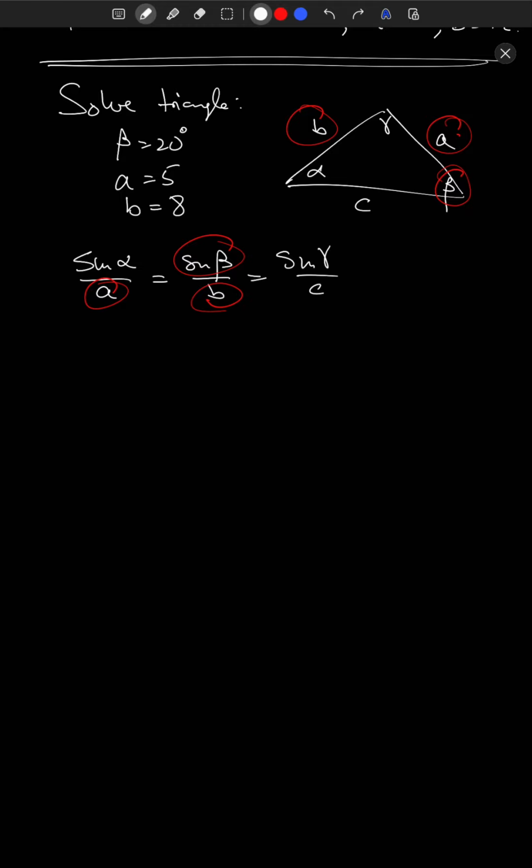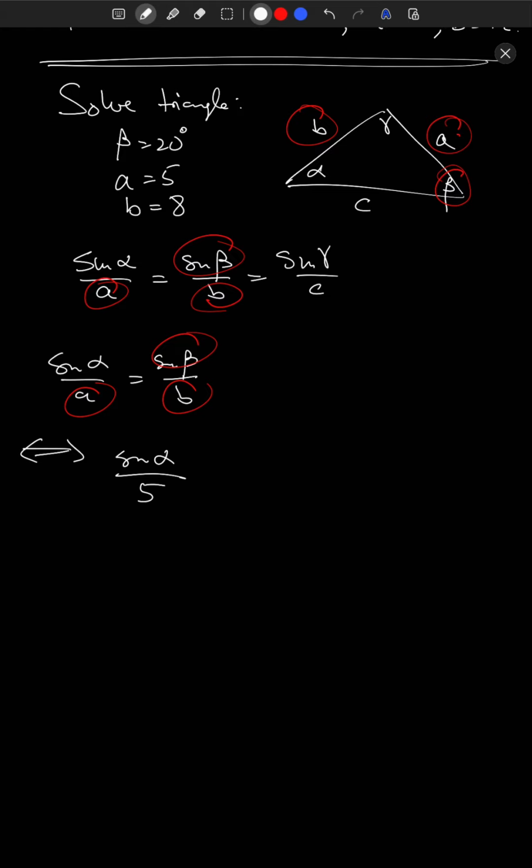All right. So I'm working with sine alpha over A equals sine beta over B. And again, just to emphasize, I know that, I know that, I know that. That would be sine alpha over A, which was 5. Sine beta is sine of 20 degrees. And B is 8. All right. And so sine of alpha is 5 over 8 sine of 20 degrees.